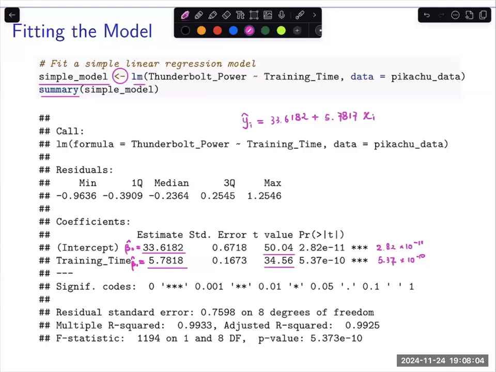And that means with every 1 unit increase of training hour, the corresponding Thunderbolt power is going to increase positively by 5.7817 units. Okay, so this is how we interpret the model.